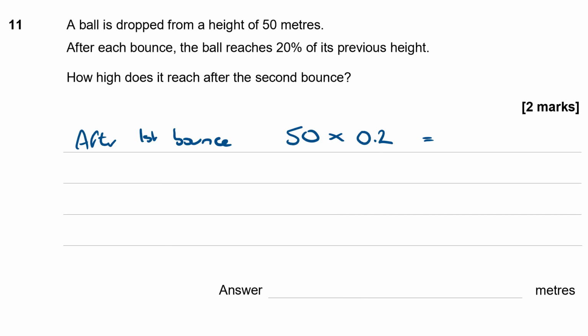So 50 times 0.2 is the same thing as 5 times 2, which is 10. So it's going to reach a height of 10 meters after its first bounce. And then after its second bounce, it's going to reach a height of 10 times 0.2. 10 times 0.2 is 2 meters. So the answer is 2 meters.